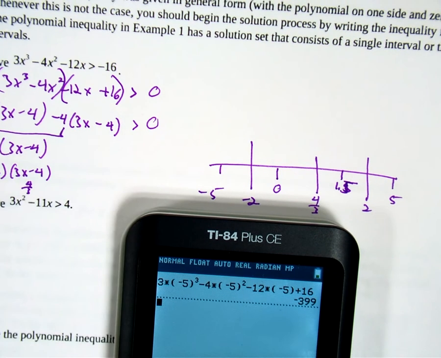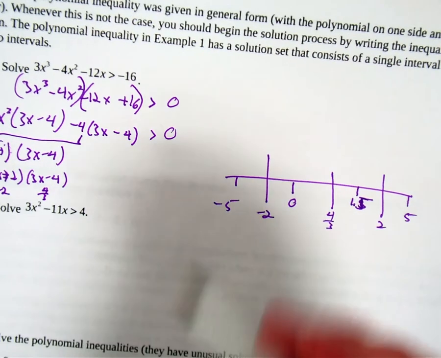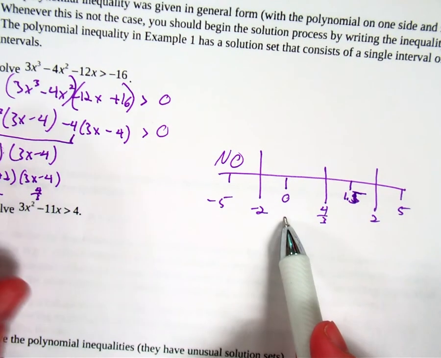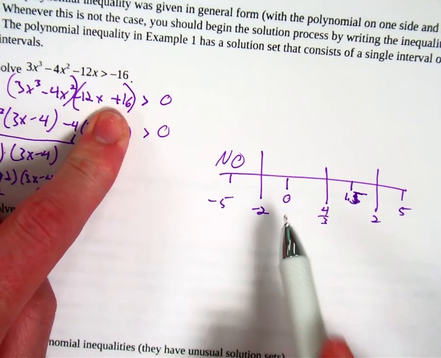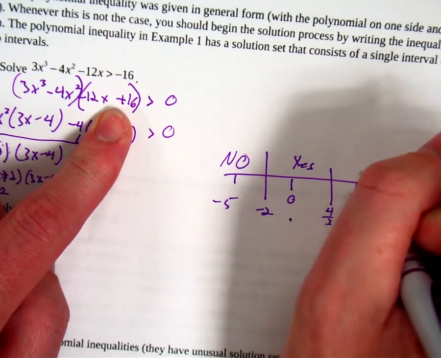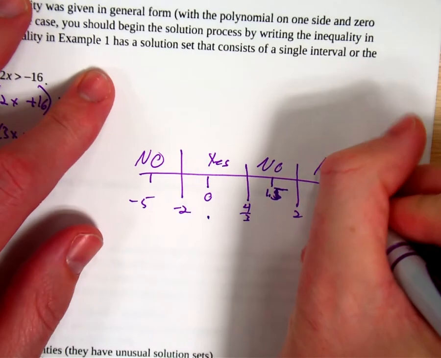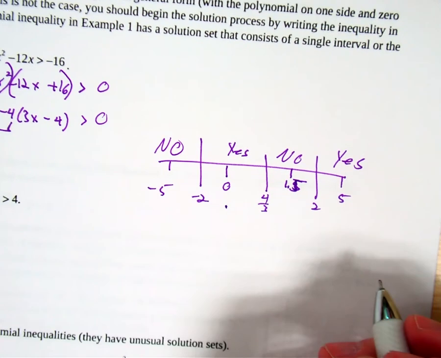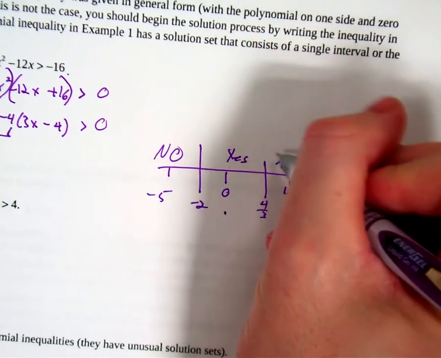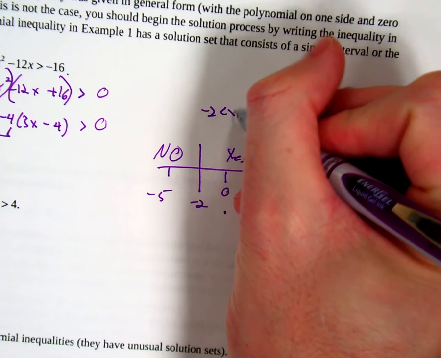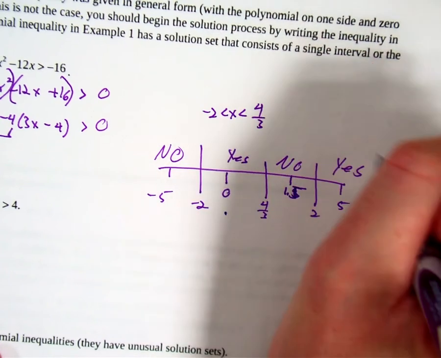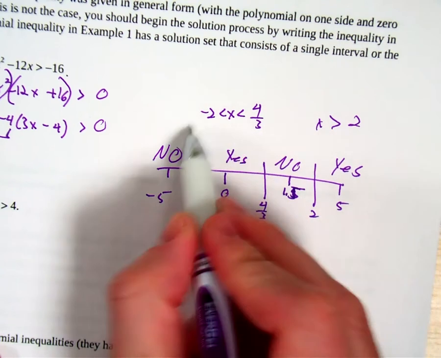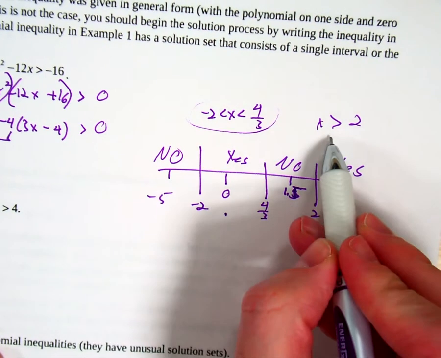Negative 399, is that bigger than 0? No. Okay, what about 0? 0, 0, 0, positive 16. Yes. I'm not even going to test it out. I'm just going to trust it. Yes, no, yes. Okay. So this one's between negative 2 and 4/3, and then greater than 2. So we got like a limited range here, and then it's just here off to infinity.